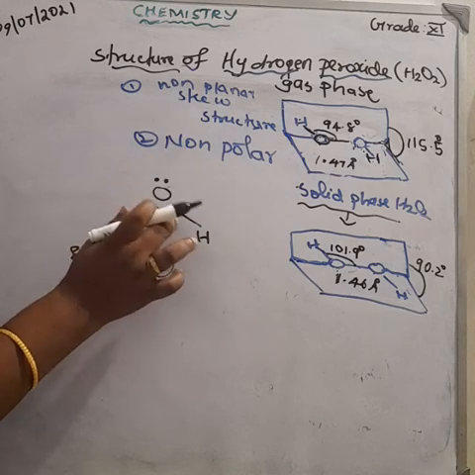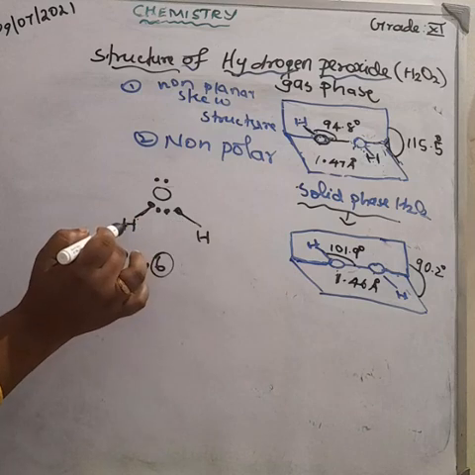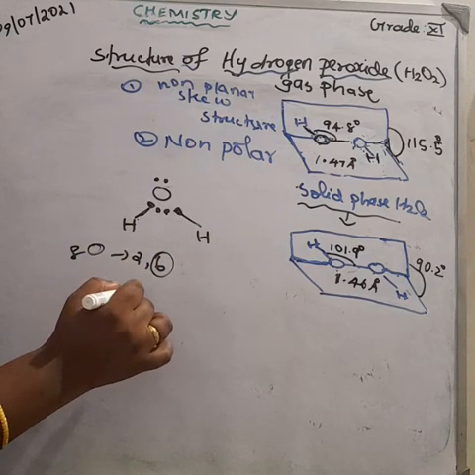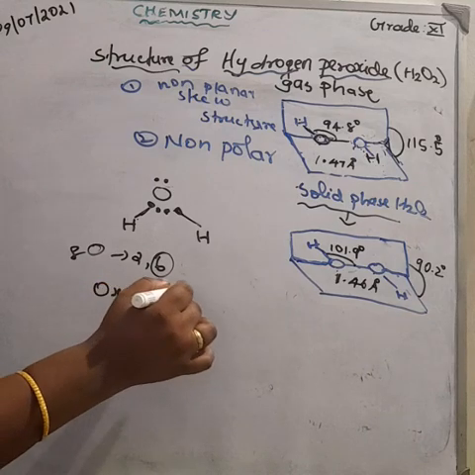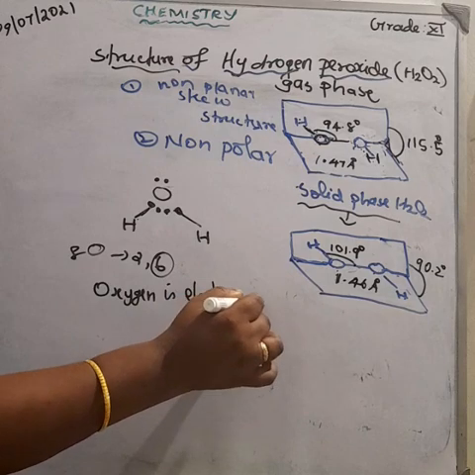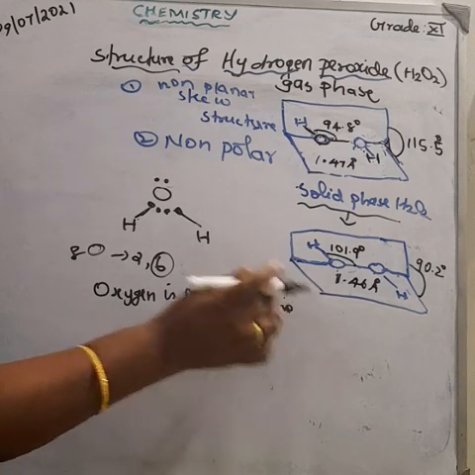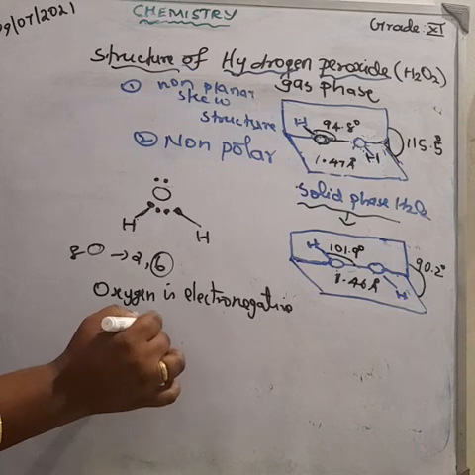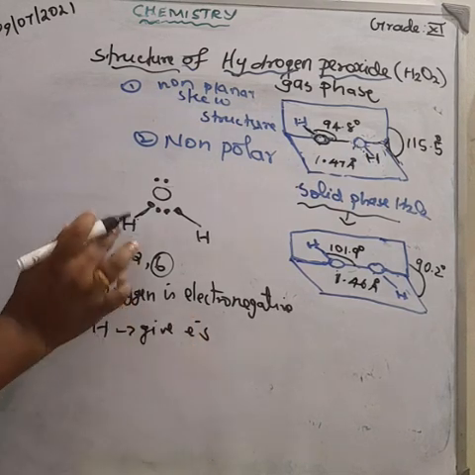Here oxygen is one of the most electronegative atoms. Electronegative means it always attracts the electrons towards itself. But hydrogen likes to give up electrons, so the hydrogen atom gives its electron toward the oxygen atom.